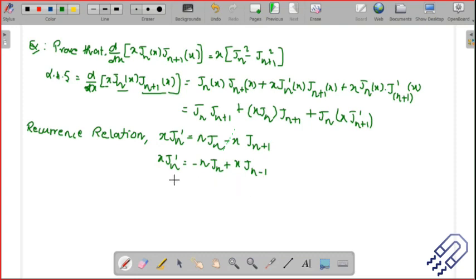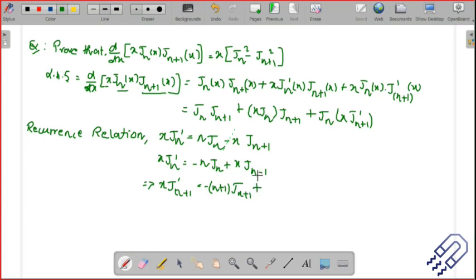Okay, so if we just want to find out what is Jn+1 dash, we can write it as x Jn+1 dash is equal to, I can take a minus, in place of n I can write n+1, and then this would be Jn+1 plus x.